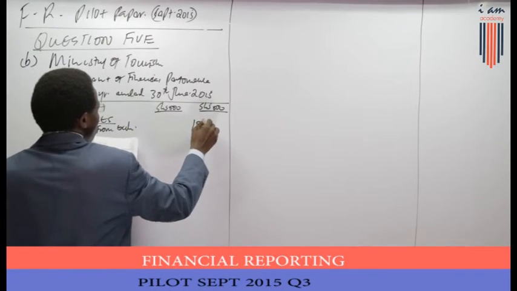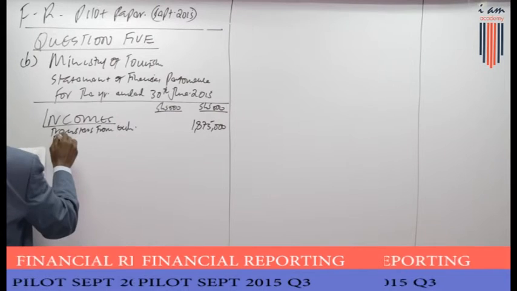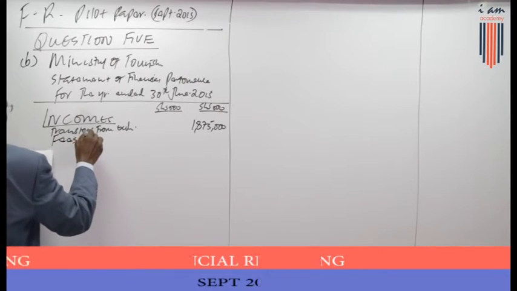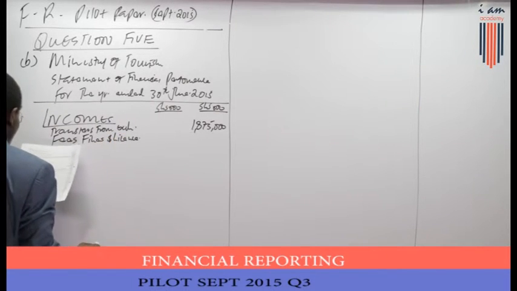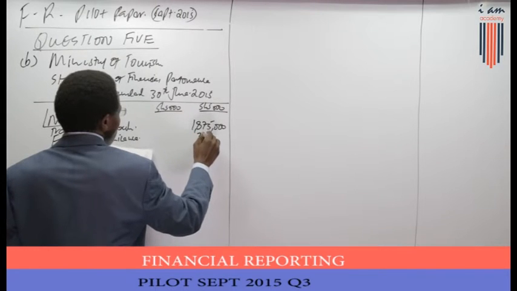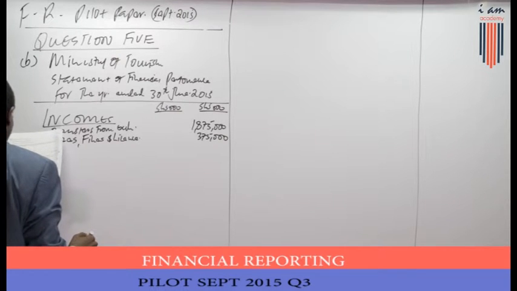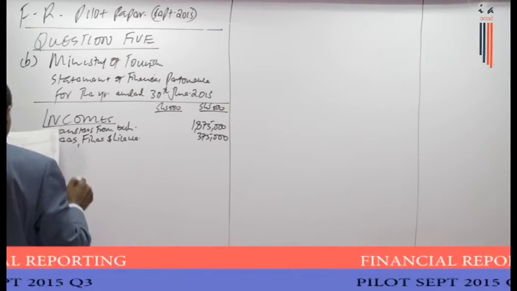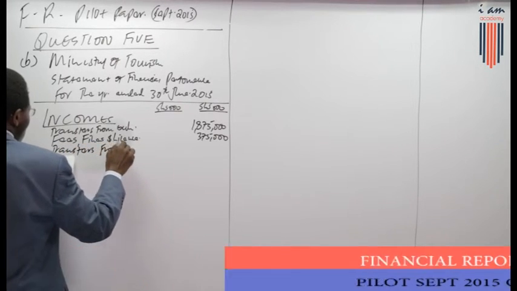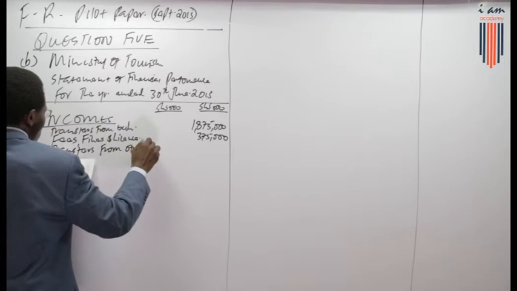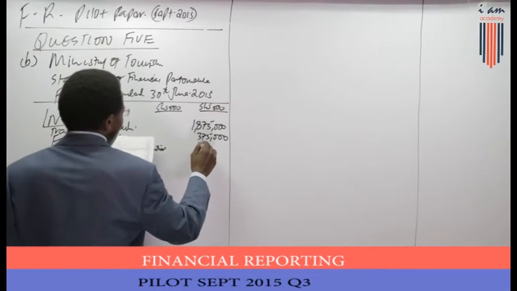$1875. Fees, fines, and licenses, $375. Transfers from other ministries, that's 7,500.